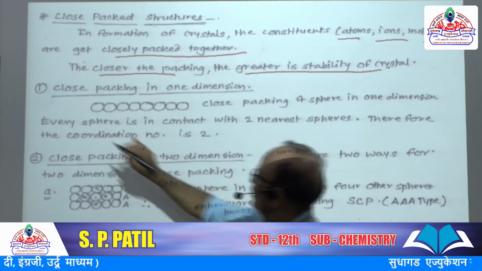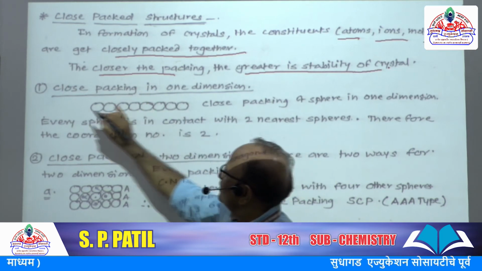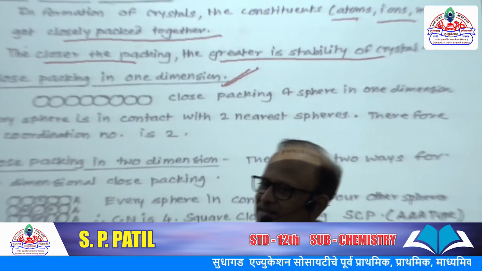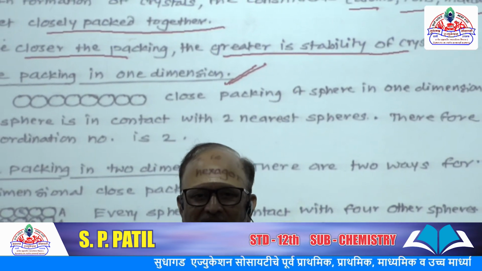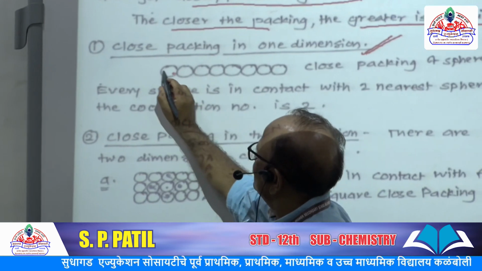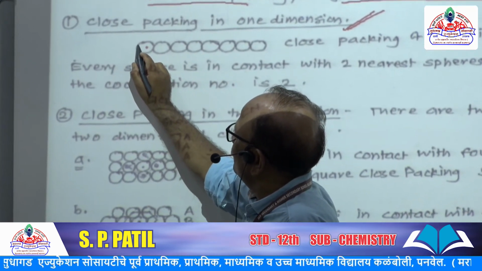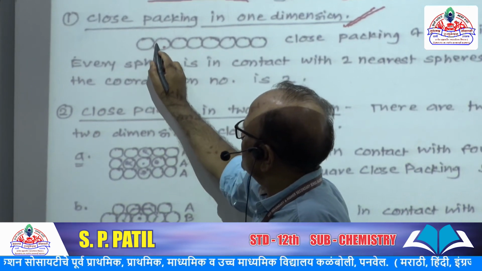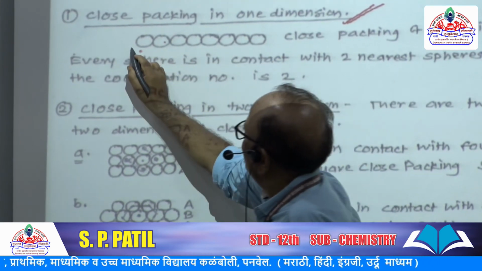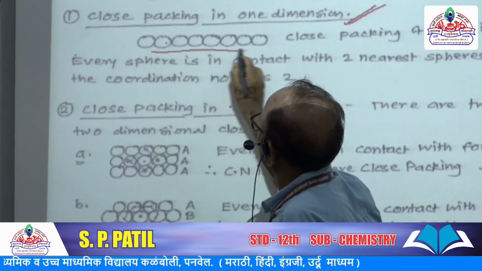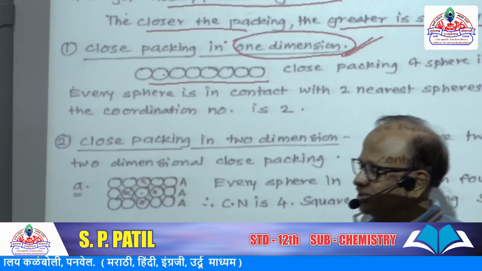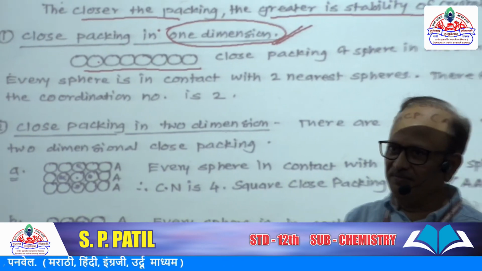Okay, now close packing in one dimension, let us see how the packing is close. So if this is one sphere, next the second sphere, third sphere, and in this way all these spheres are arranged in one line, because we are going to see the arrangement for one dimension.